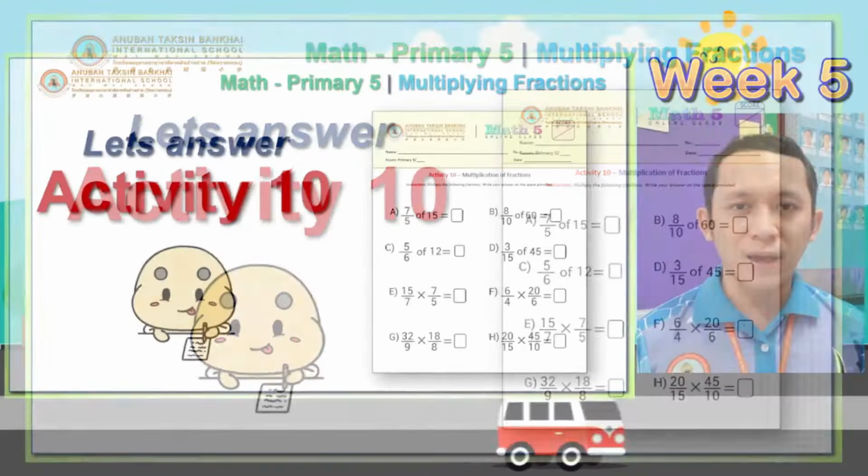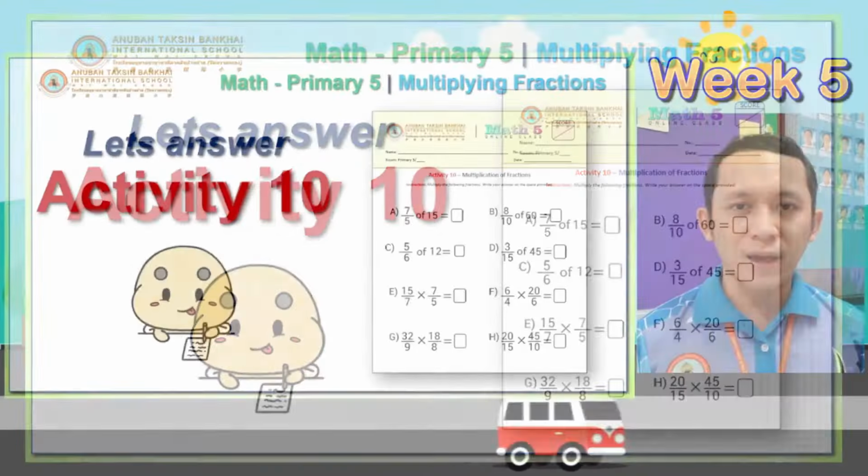Okay, so now let's continue our discussion and let's have multiplying two fractions. So the process is still the same, however, we will be dealing with fractions and mixed numbers. Now, let's have an example.